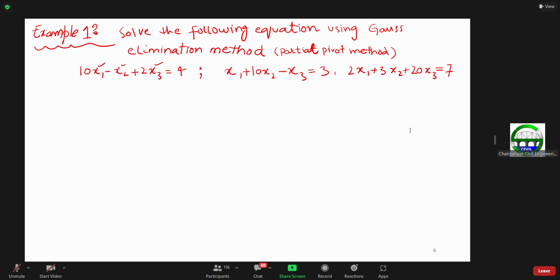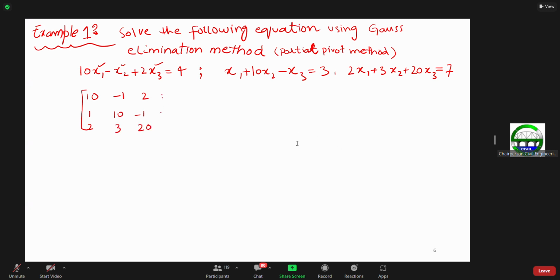And what we're going to do in this one, most of the time we are interested in one thing. We will write down our matrix like this one. This one is matrix A: 10, minus 1, 2, and then 1, 10, minus 1, and then 2, 3, and 20.